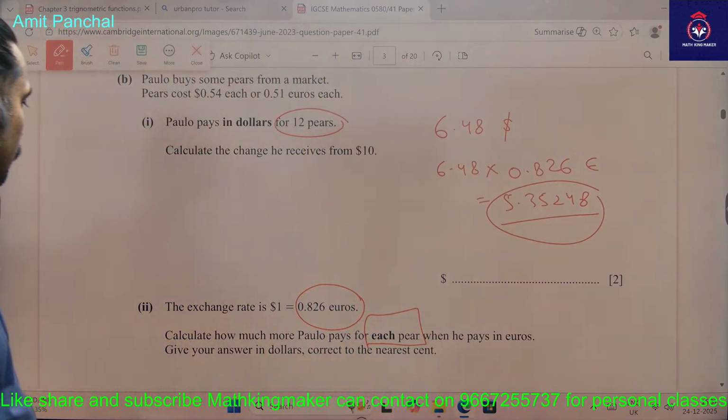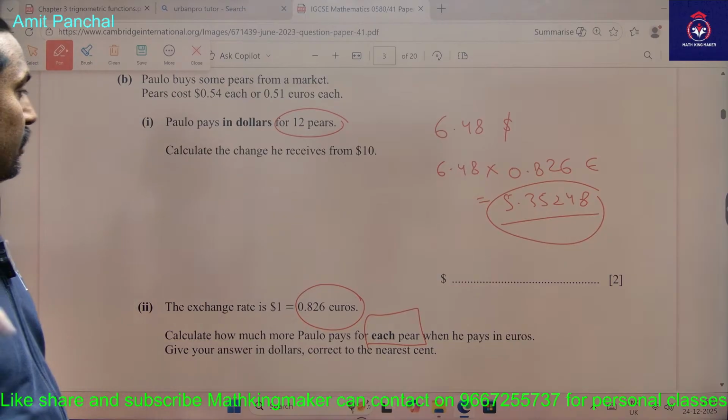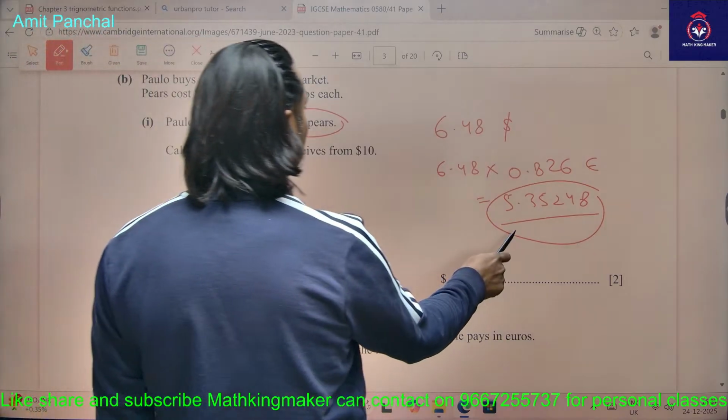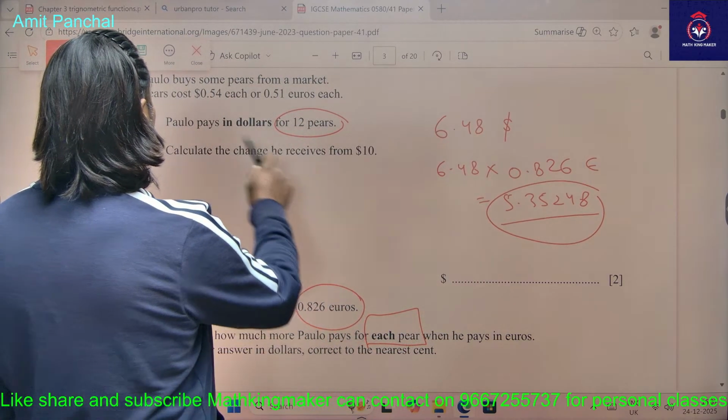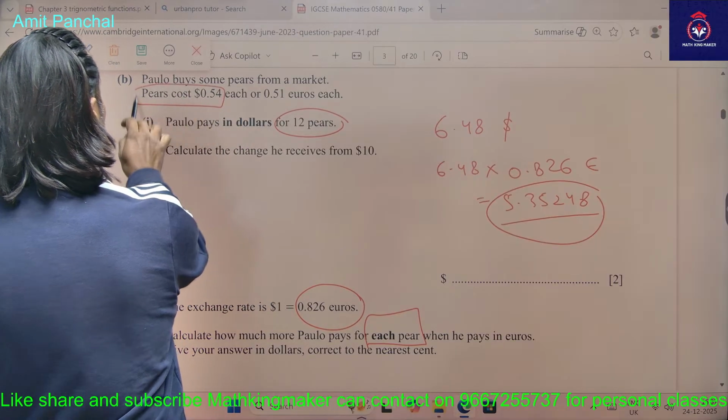Okay, so in euros, the price for 12 pears is 6.12. This is 5.35. This is the price. Wait, and this is the price, and this price is also to be added, because it's in the cost of pears.